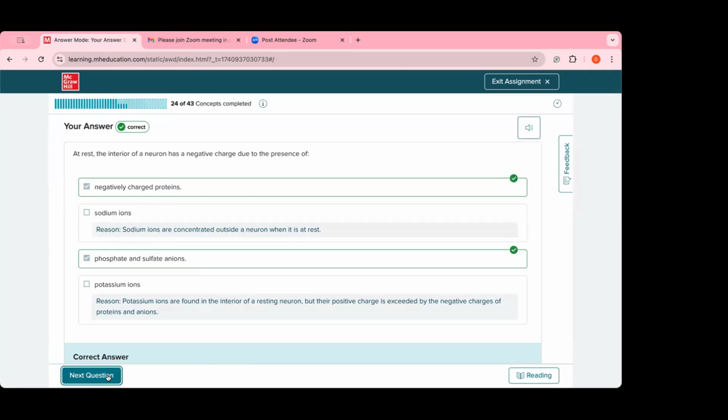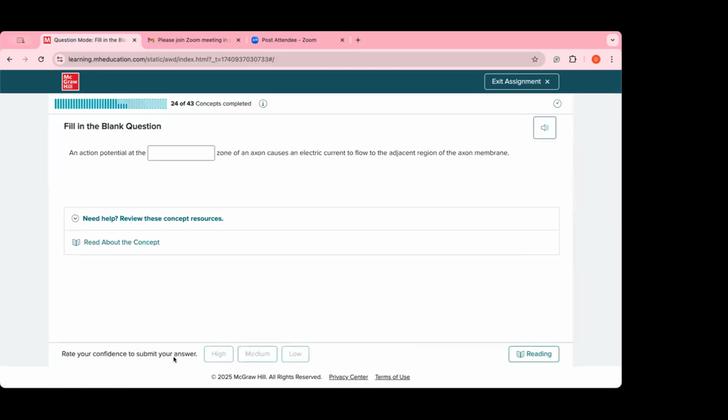Okay, next question. An action potential at the blank zone of an axon causes an electrical current to flow to the adjacent region of the axon membrane. Okay, let's look at it because I don't think we've read this far into it.